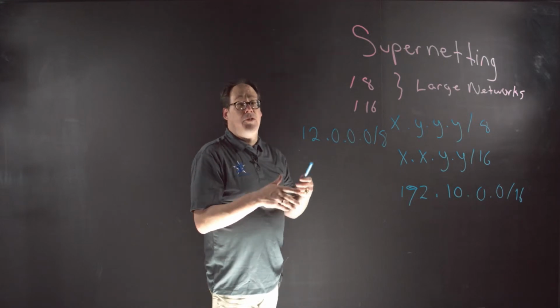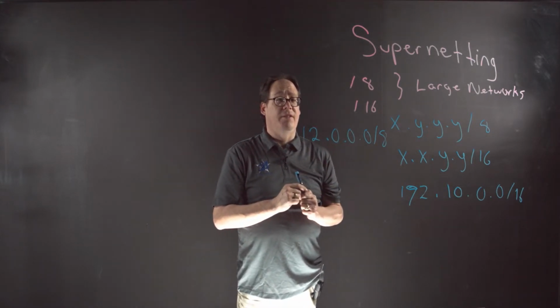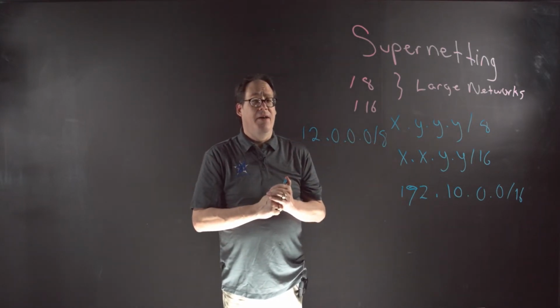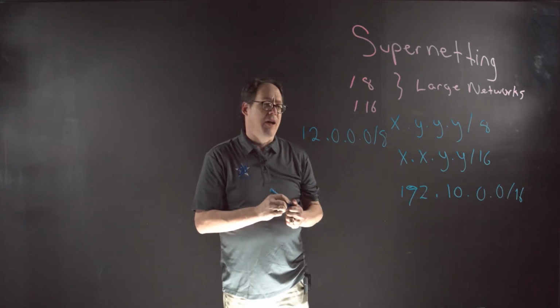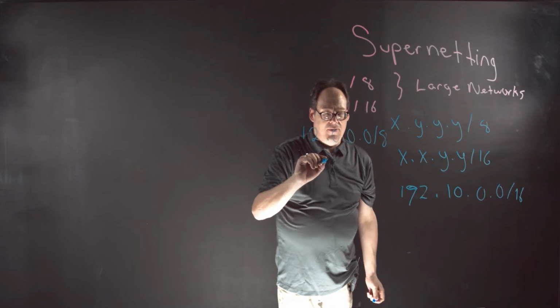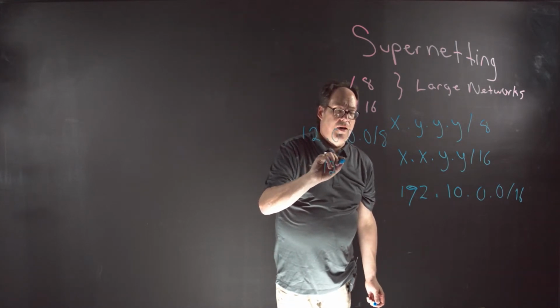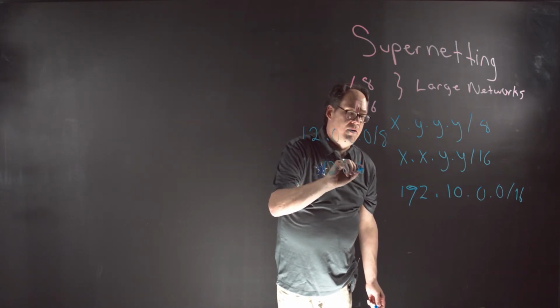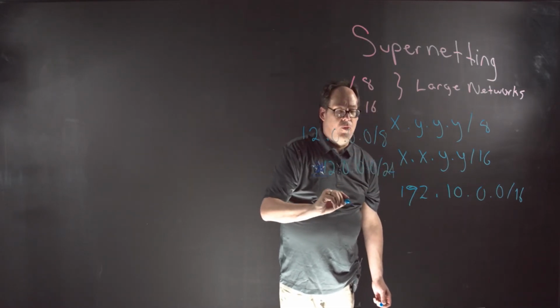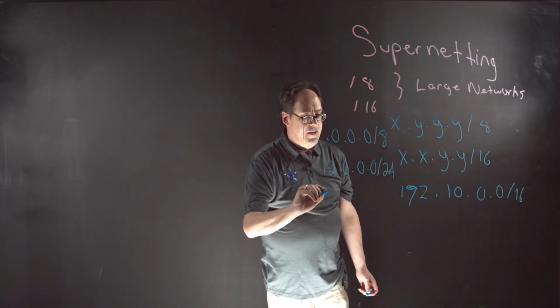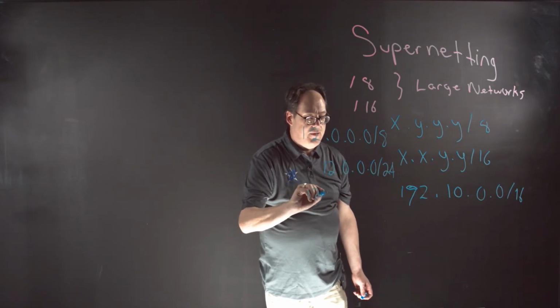We could also use, conversely, like I was saying before, this supernet to calculate and create networks underneath it. So if I wanted to make a network that was a /24, I could do that.